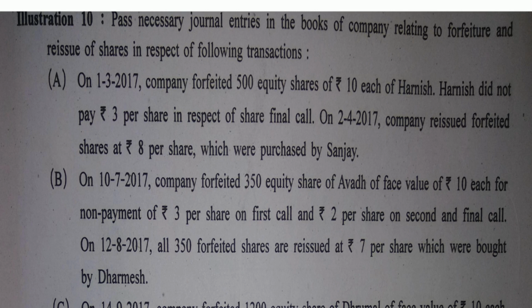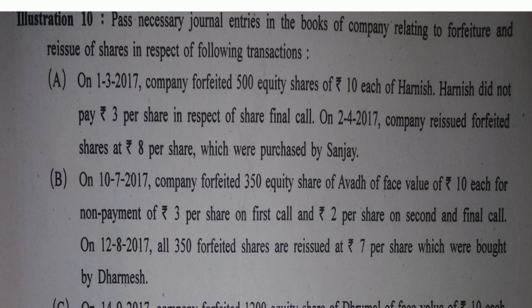Simple. On 2/4/17, company reissued forfeited shares at rupees 8 per share, which were purchased by Sanjay. Alright, the company has reissued these shares at rupees 8. Share है कितने का? 10.